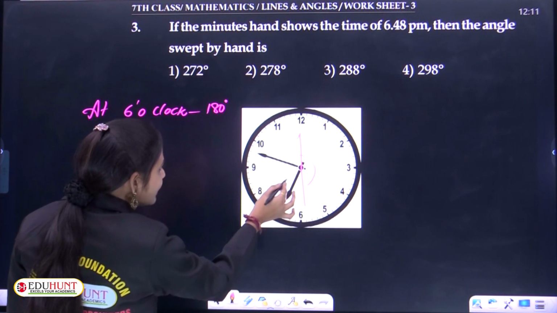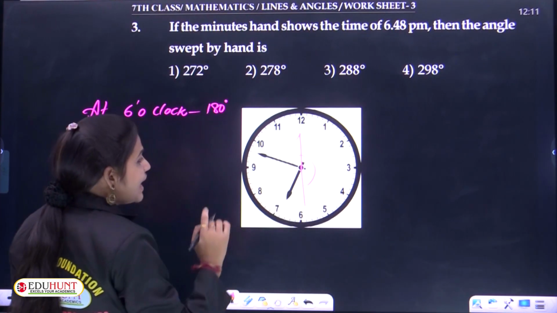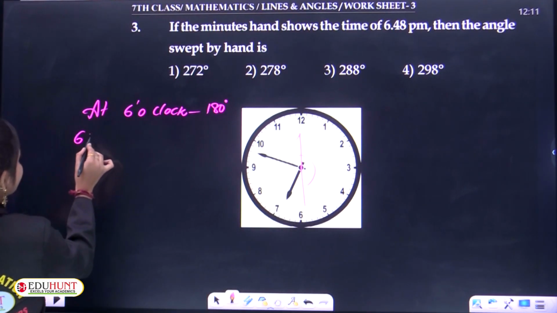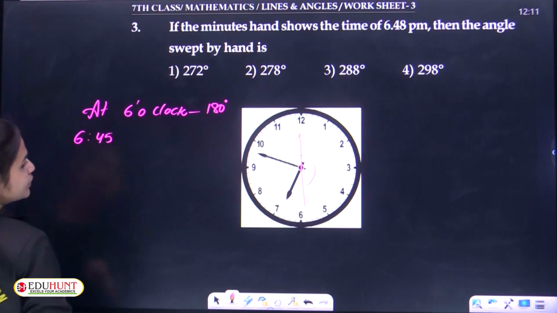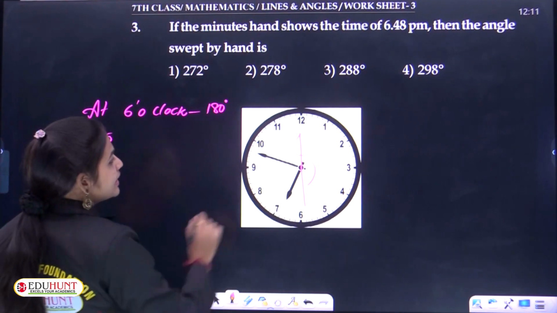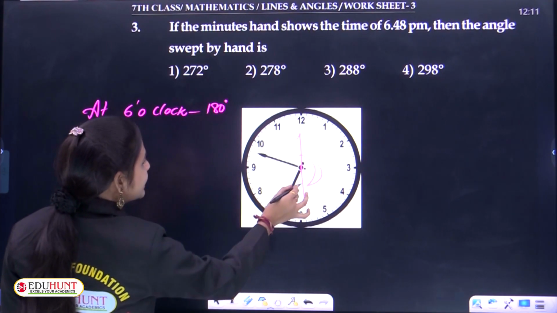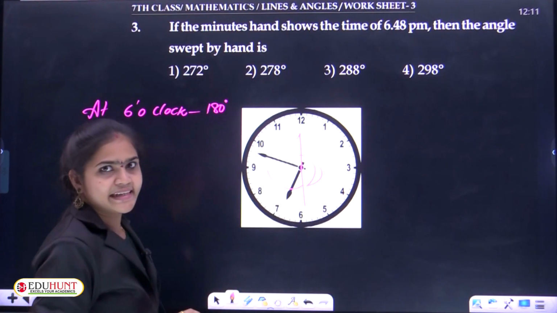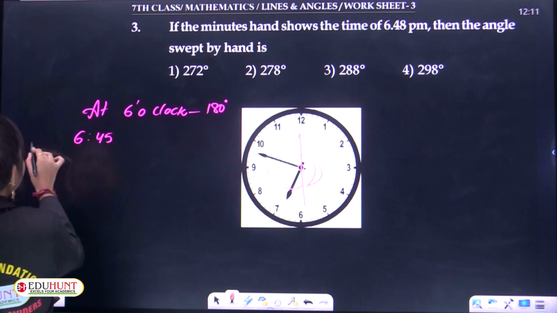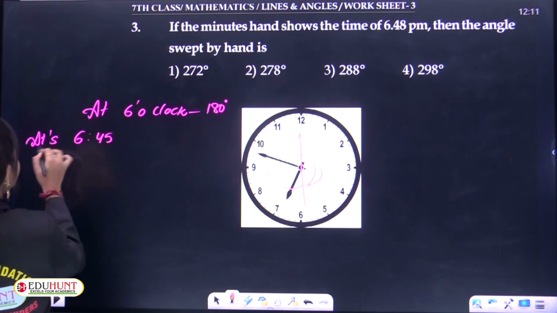Now here this total angle we need to find out, no? At 6:45, how much you will get here? 6:45 means actually here this is 90 degrees and this is 90 degrees and here one more 90 degrees.